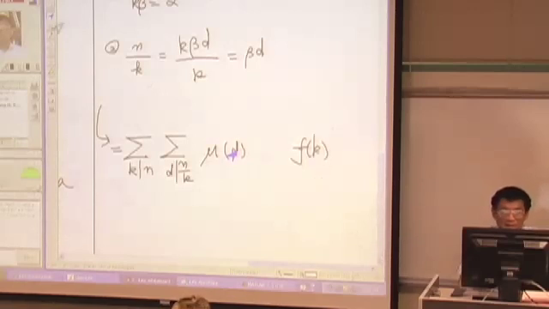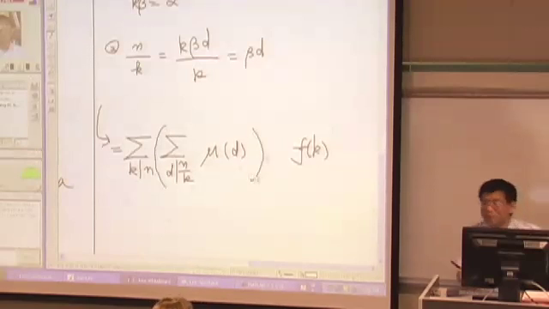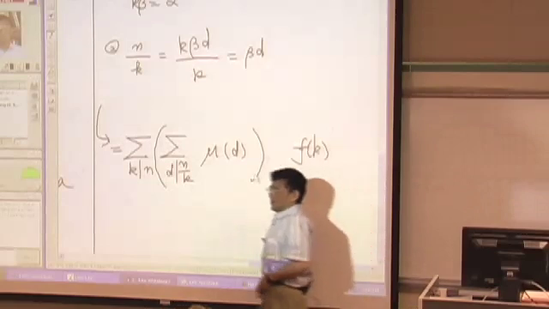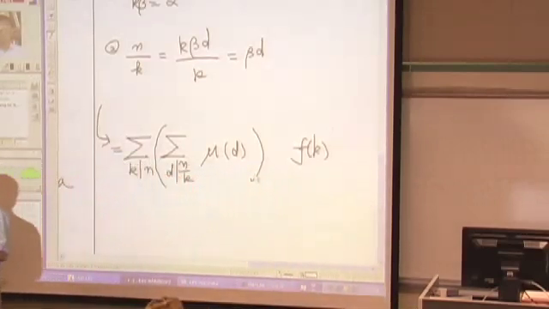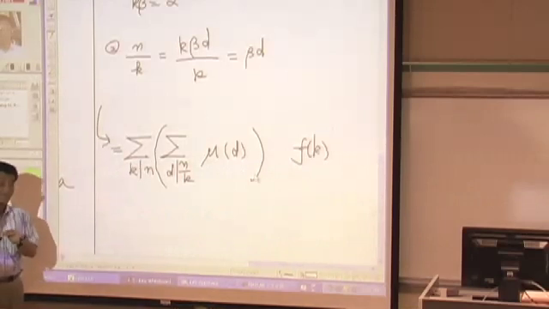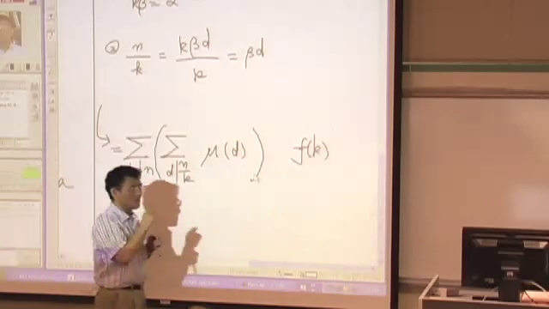So I will handle this inner sum. If you add the mu function, what do you get? You may go back a few pages to find the sum of mu.